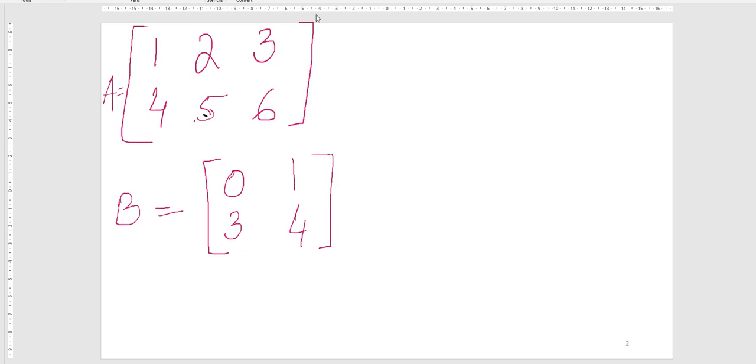Matrix is singular, matrices is the plural. Now we are going to learn the order of a matrix.